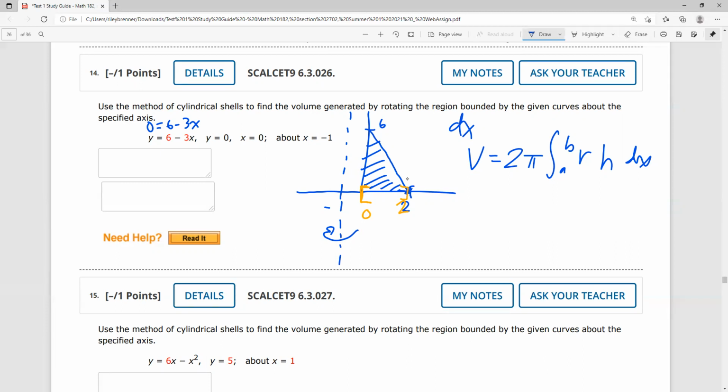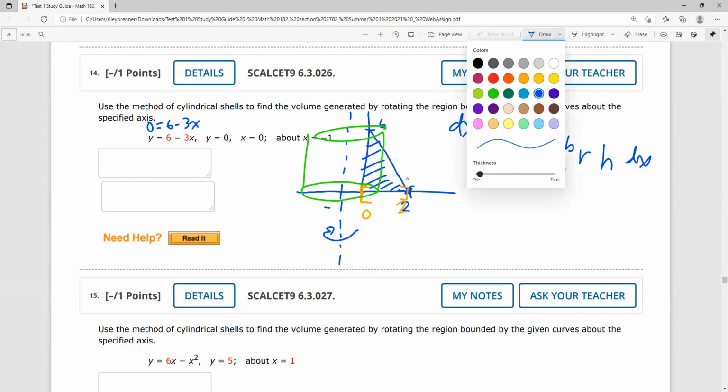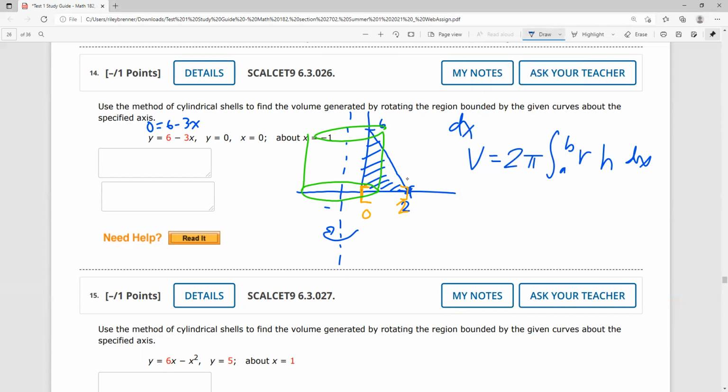So in this case, since we're rotating about this way, if we draw that wall, here's the base of the cylinder, here's the height of the cylinder. So the height of the cylinder is in the y direction, so we need an equation for that, right? So our equation for height is going to be y.